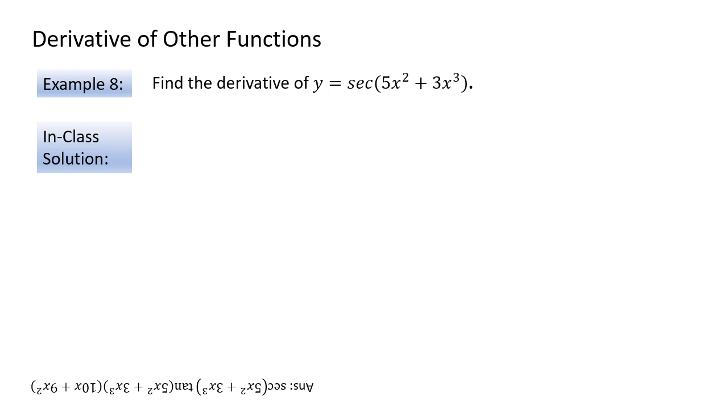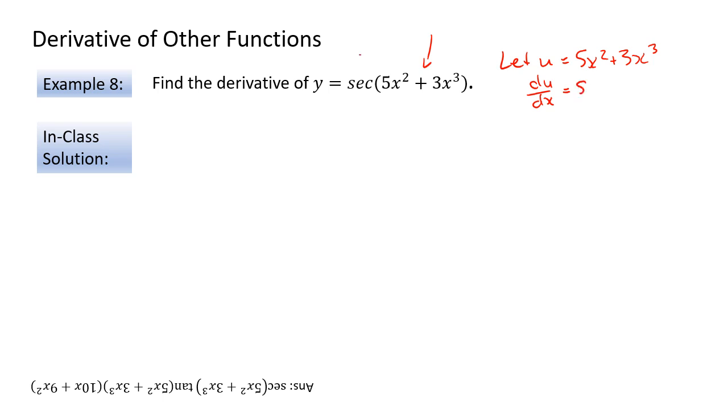Okay, so the first example, find the derivative of y equals the secant of 5x squared plus 3x cubed. So we know, okay, this is not just x, so we'll let u equal 5x squared plus 3x cubed. And to make it simple, because we're going to need it, we'll do du by dx now, so we can substitute it into our equation later.